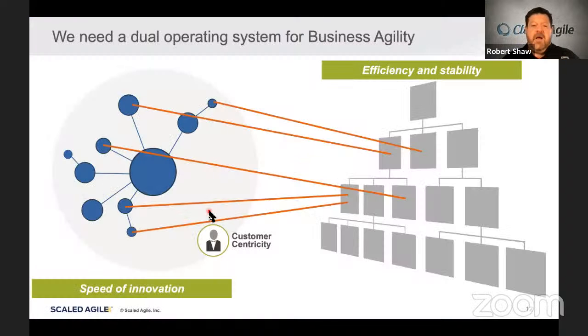So SAFe starts introducing and championing this concept of a dual operating system, where you can have this physical hierarchy, but from that physical hierarchy, you can start building virtual structures within your organization.